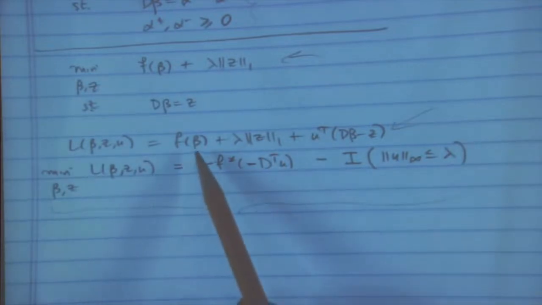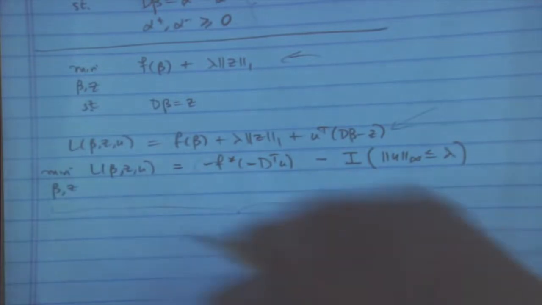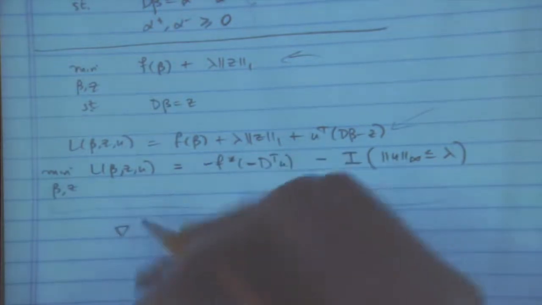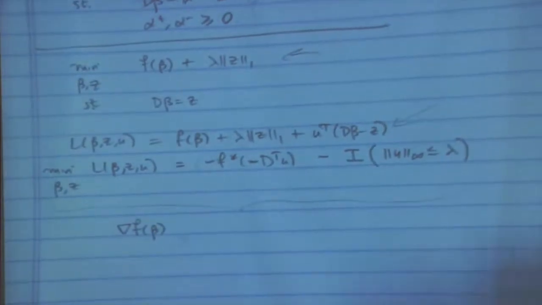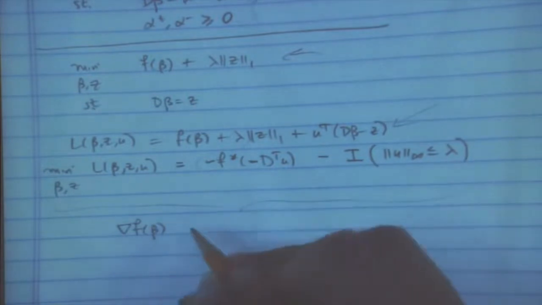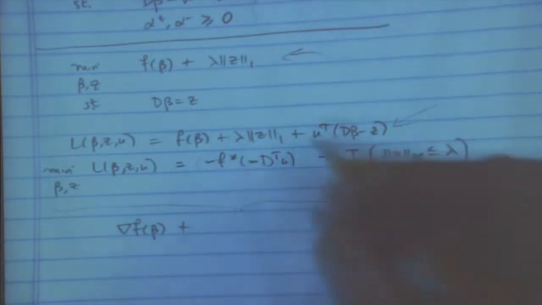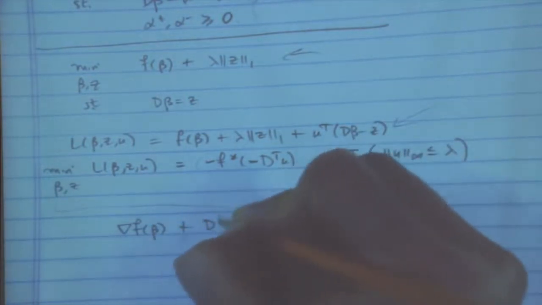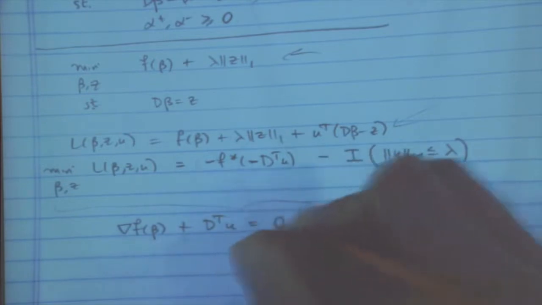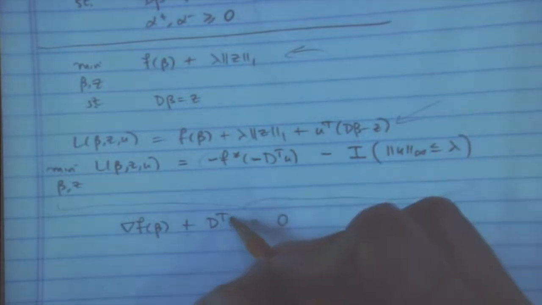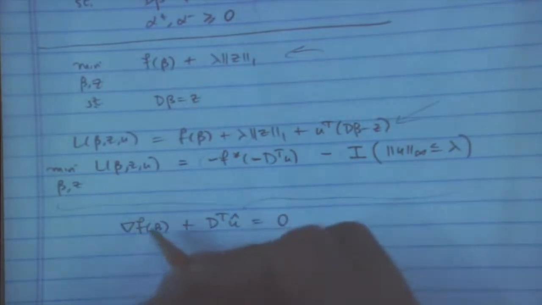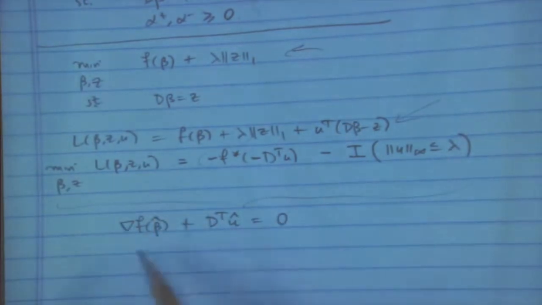So let's take it with respect to beta. That's probably the easier one. And we get that the gradient of f evaluated at the solution beta, plus the only other appearance of beta is here, so plus D transpose u, equals 0. This is the stationarity condition over beta. So it tells us that whatever is the solution, maybe we'll call it u hat, the primal solution, beta hat, that we're interested in originally, has to satisfy this equation.